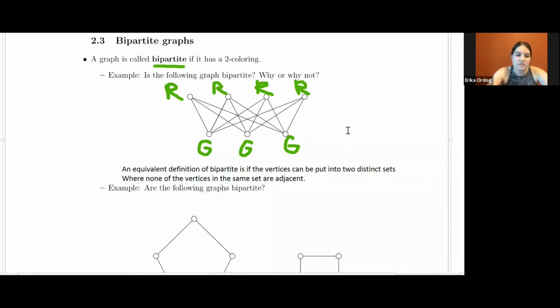And you can see by the picture of the graph, or the way that the graph is drawn here, all the vertices on the top are not adjacent to any of the others on the top, and none of the vertices on the bottom are adjacent to any of the vertices on the bottom. So these are the two distinct sets that we're talking about, the vertices that are all given the same color in a two coloring.